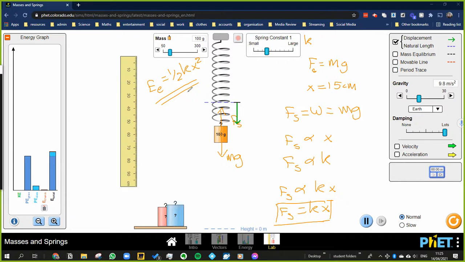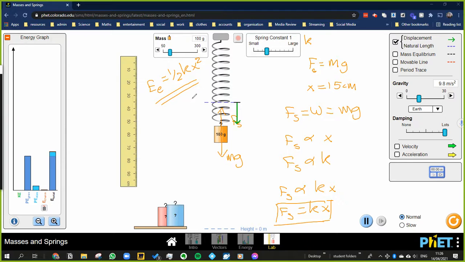Imagine you have a really thick spring and you compress it or stretch it, then you lock it in place. That spring now has stored elastic energy. It doesn't have any energy stored in it unless it's being extended or compressed. But once it's been extended or compressed, it now has stored energy, and that energy can be calculated with this formula here.